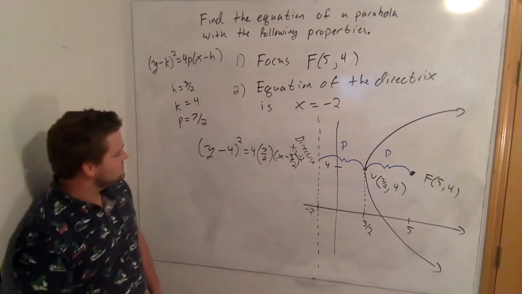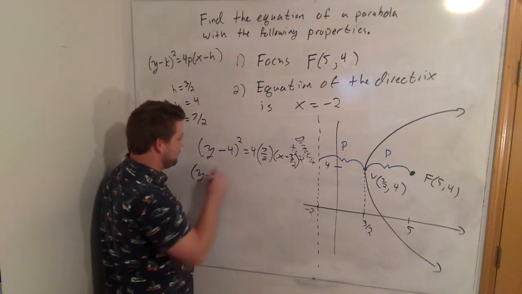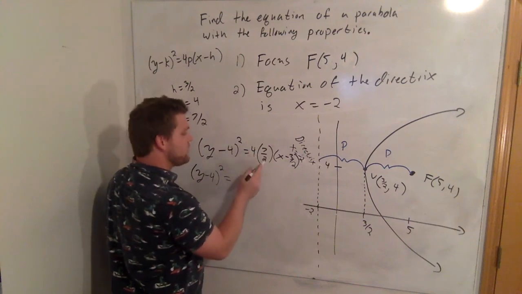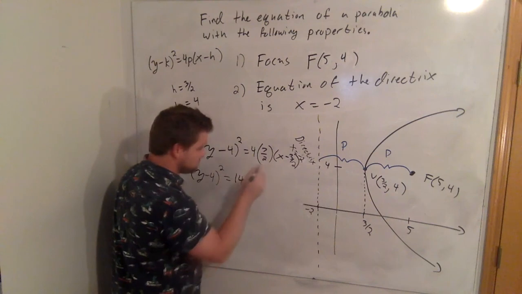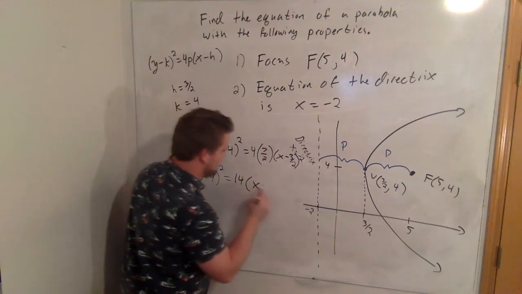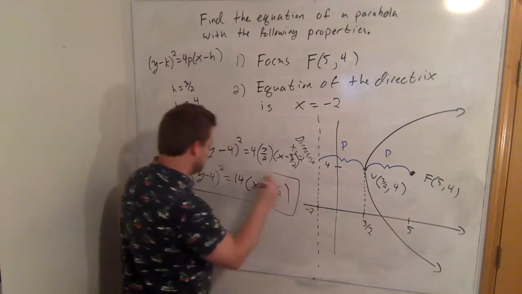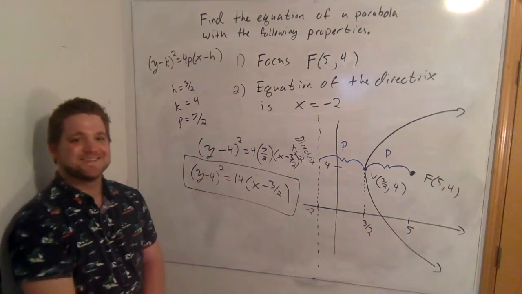Let's clean this up. This would be the same thing as (y - 4)^2 equal to, if I do 4 divided by 2, that's 2, 2 times 7 is 14, so 14 times (x - 3/2). And here we have it. This is the equation of this parabola.